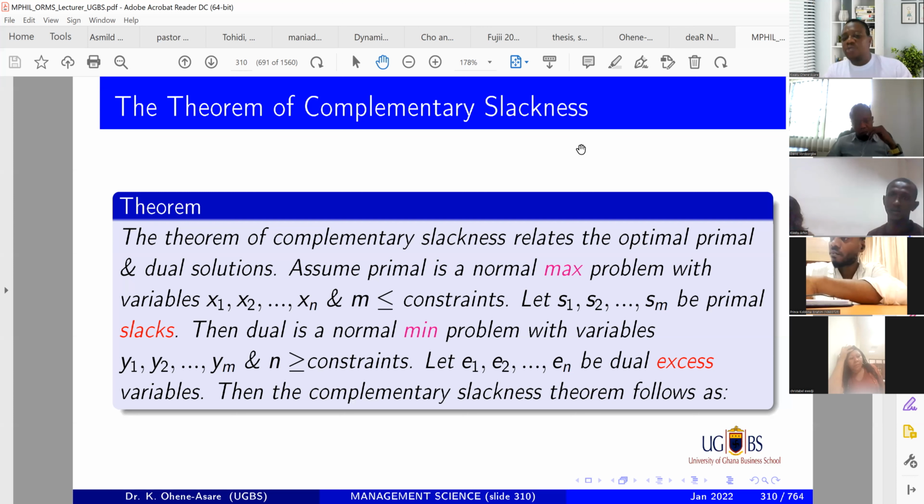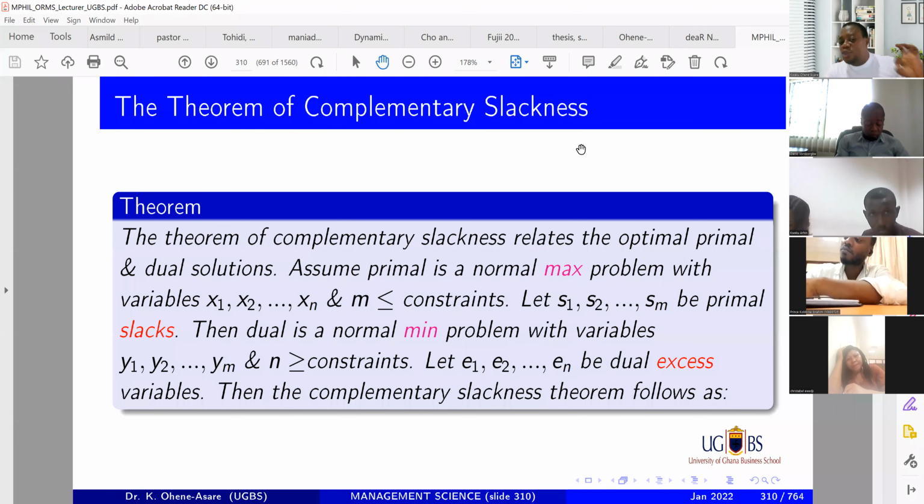The theory assumes that if the primal is a normal maximization problem with the variables x1 all the way to xm, with less-or-equal-to constraints, then we can let S1 be the slacks. And we know this already because S1, S2 are the primal slacks.